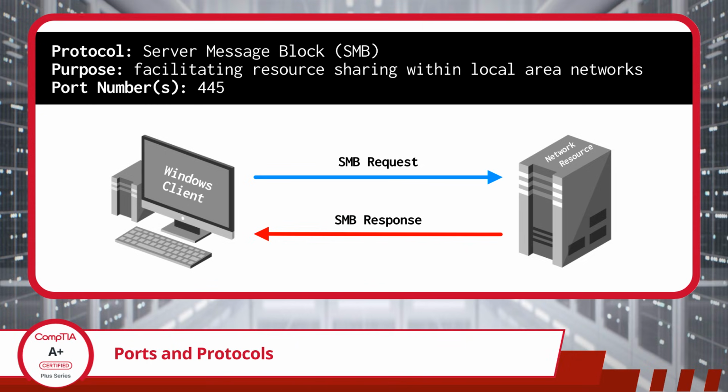SMB commonly operates on port 445 with modern network configurations. One of the key features of SMB is its ability to allow computers within the same network to read and write to files and to request services from servers in a computer network. The protocol can also authenticate and authorize access to network resources, making it a versatile protocol for network administrators.